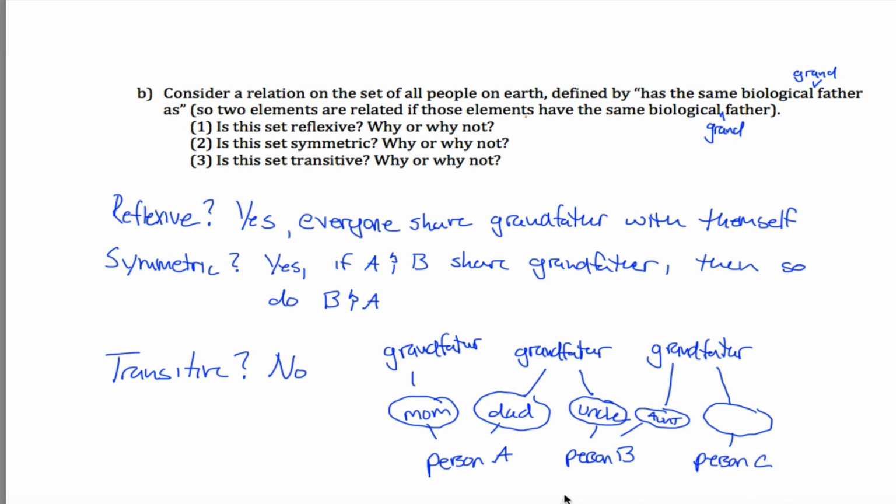Transitive, no. A and B share a grandfather. Maybe I'll call this grandfather 1, 2, and 3. A and B share grandfather 2.